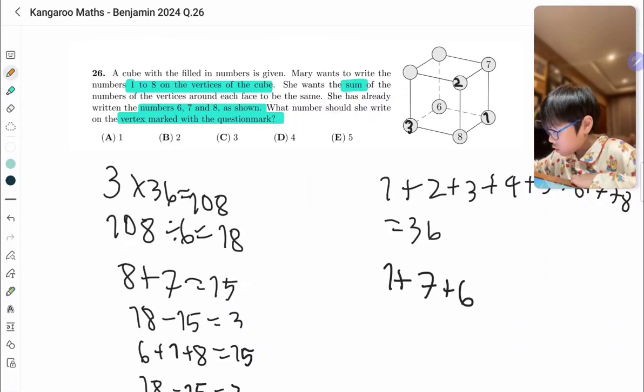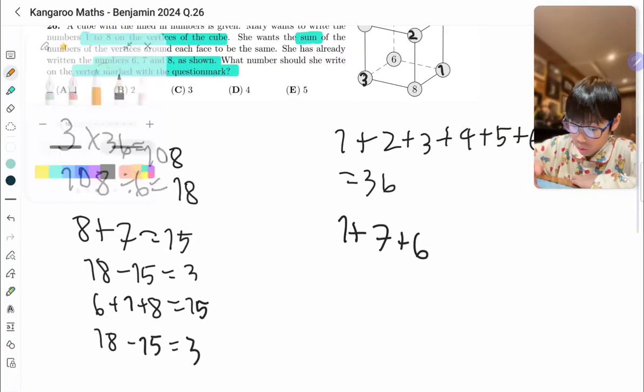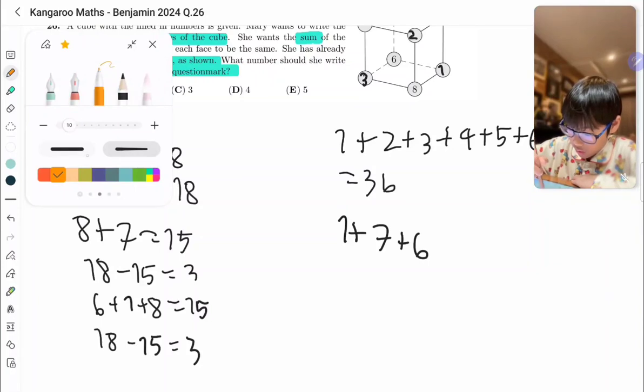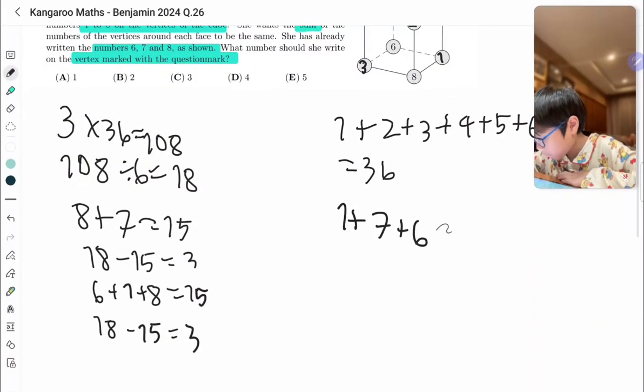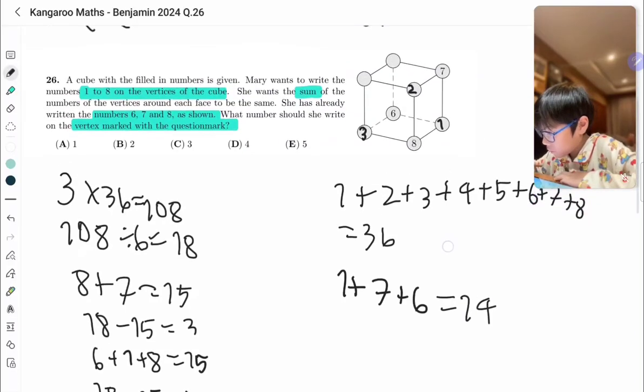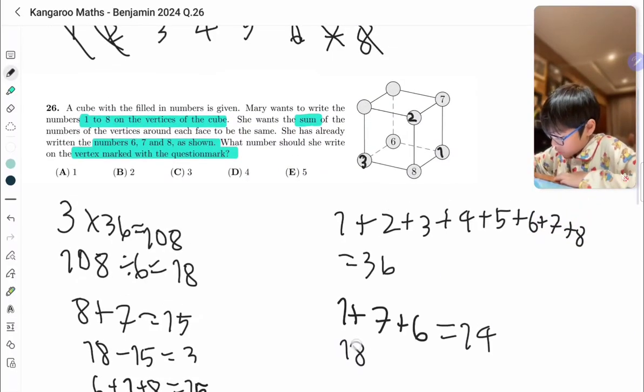That is equal to, what was a different color now? Let me just change it back. Okay, there. 1 plus 7 plus 6, okay? That's equal to, any of you know? 14. 18 minus 14 is 4.